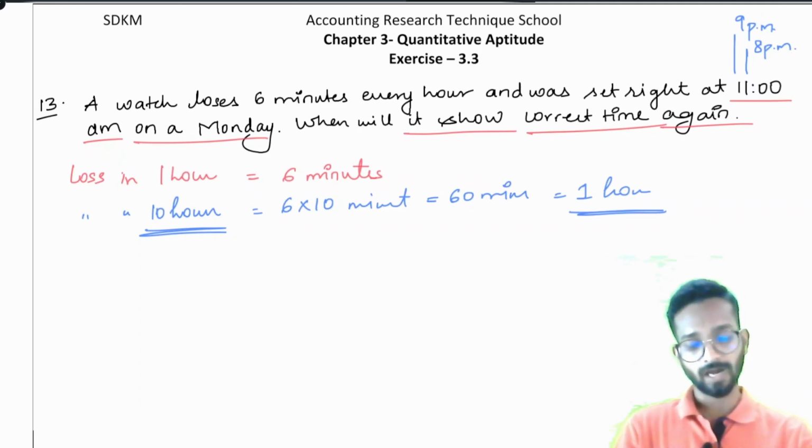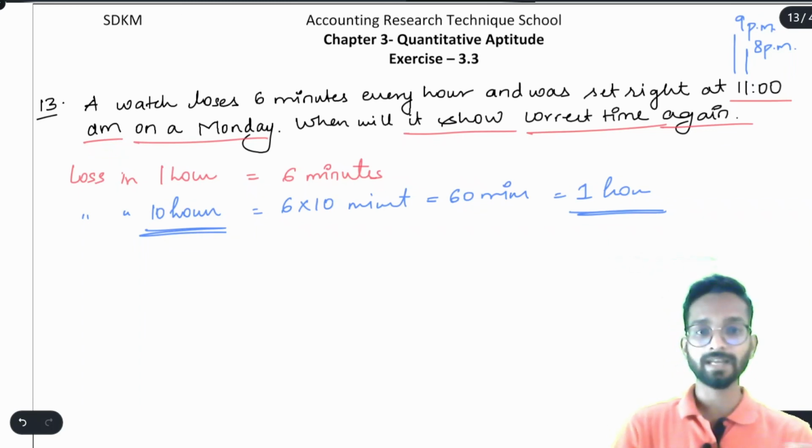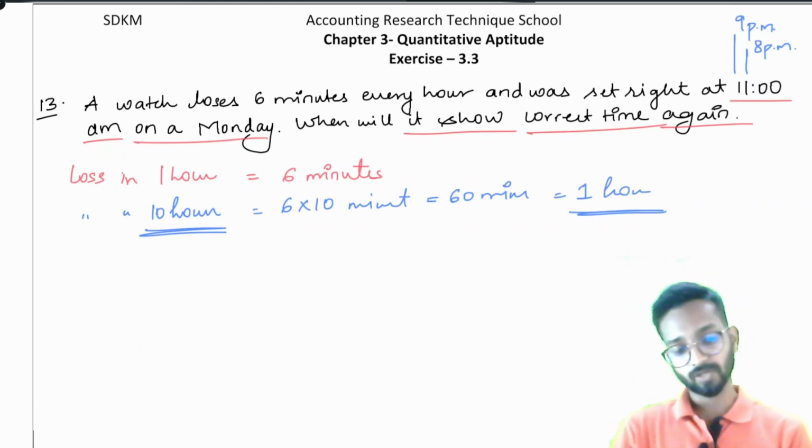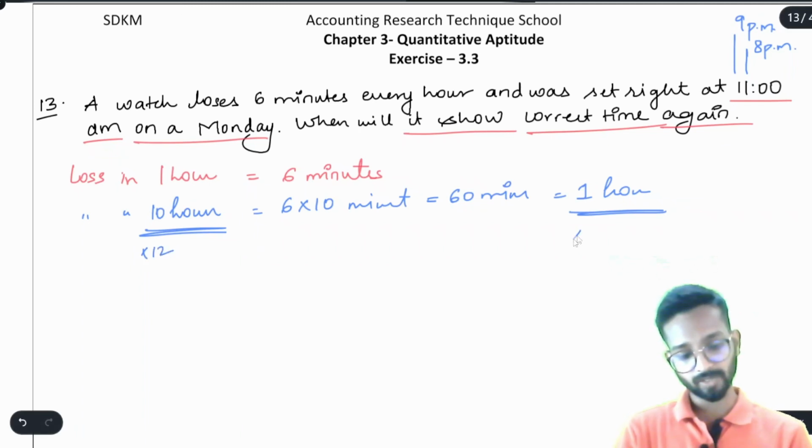Now, if our watch is behind 1 hour, I want my watch to be behind exactly 12 hours, because only then it will show the correct time. So, if in 10 hours it is losing 1 hour, I multiply this with 12, because I want 12 here, so this will become 12 hours after 120 hours.